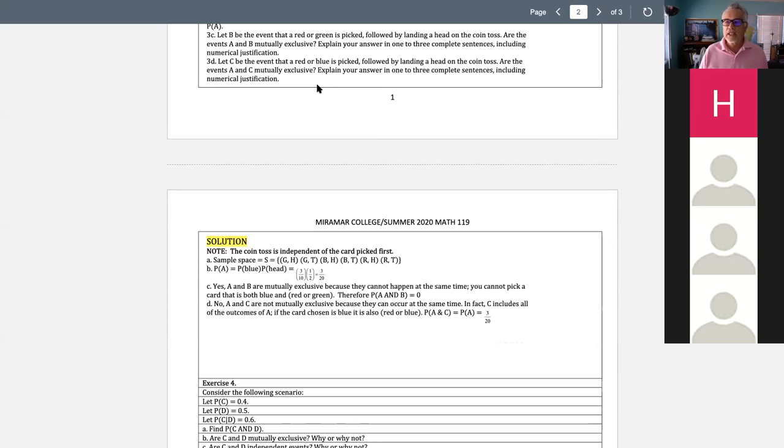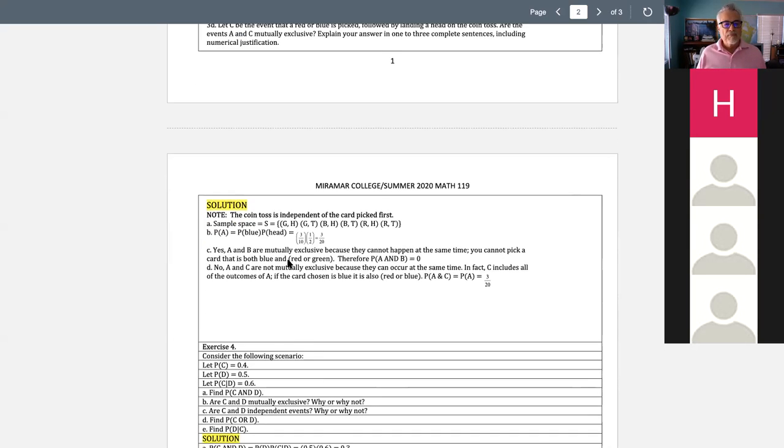So let's first list the sample space. And we'll do it in the following way. We'll write out an ordered pair where the first element in the ordered pair is the card selected at random. And then we'll toss the coin, and that comes up heads or tails. Okay. So let's go ahead and list them.